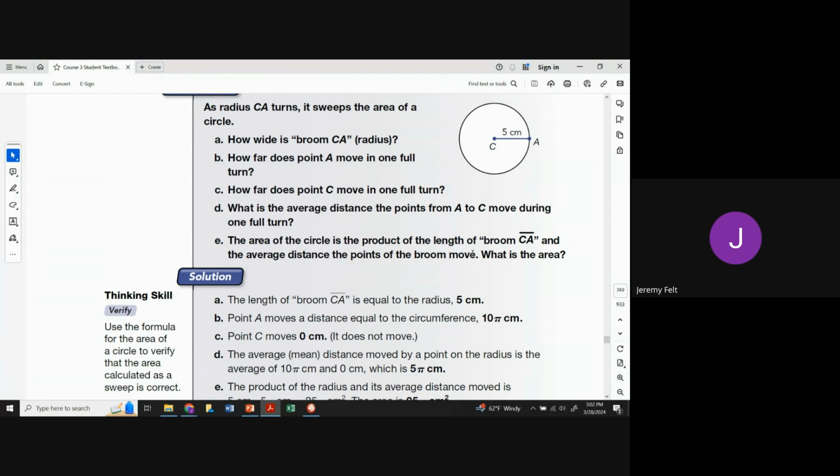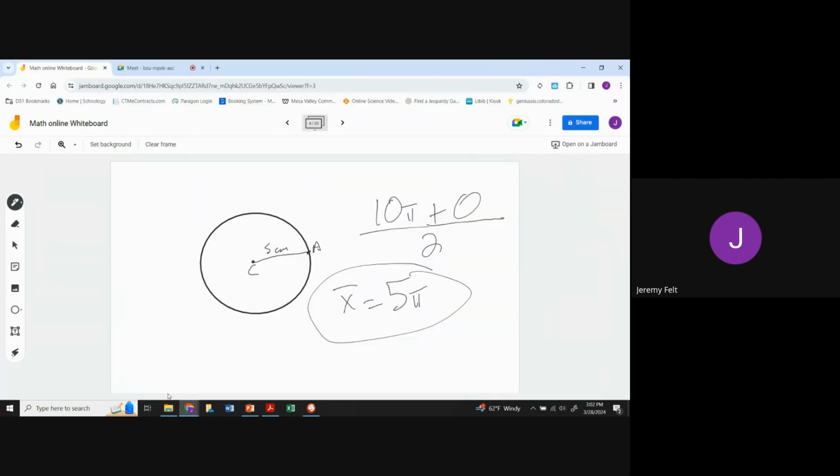So we have the product of the radius and its average distance. The radius, that's the width of the broom, or not the broom handle, sorry, the broom itself. This is how wide it is, and if we imagine this is a push broom, and we make this point stationary and do a swooping circle with our broom, then it's going to travel this far.